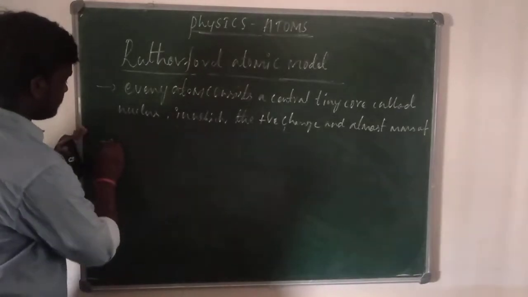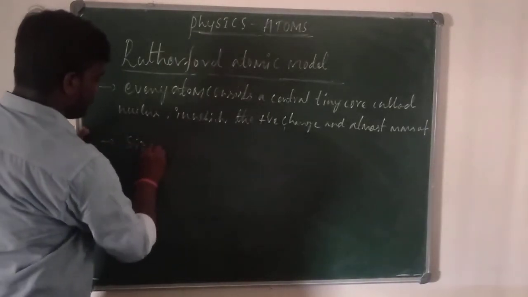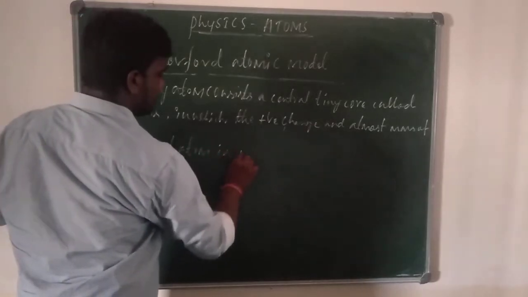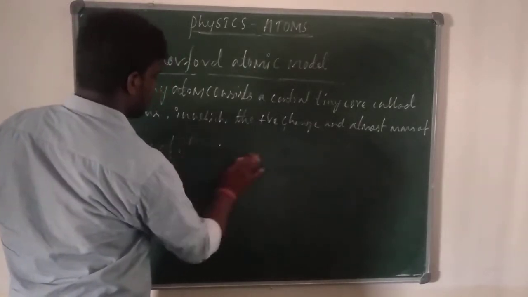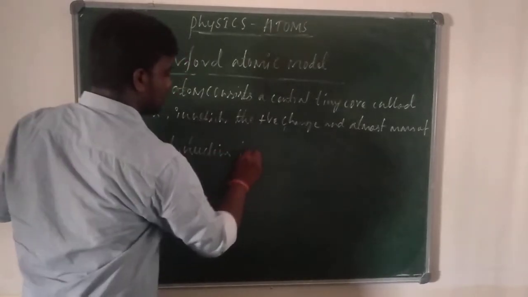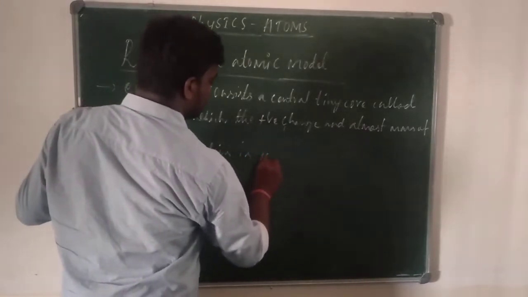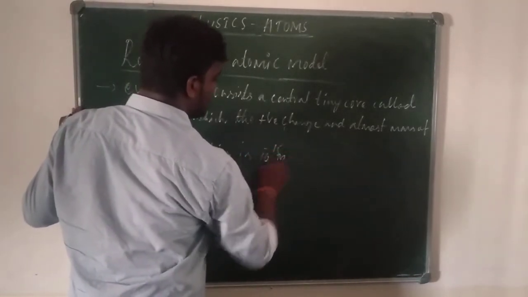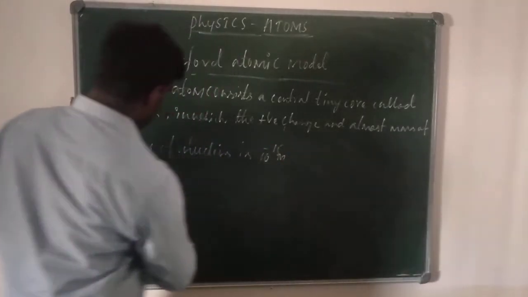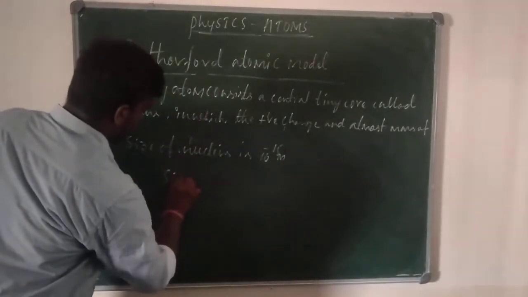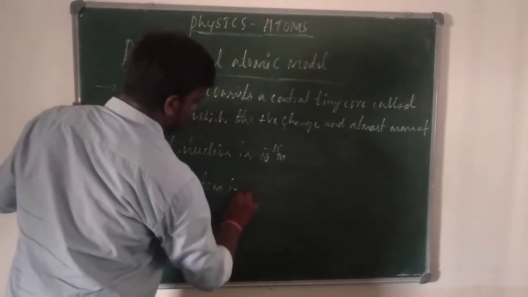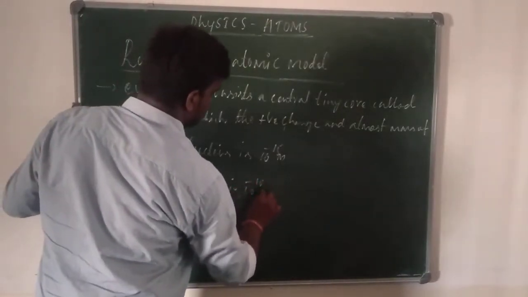Next postulate, the size of the nucleus is of the order of 10 to the power of minus 15 meters, and the size of the atom is 10 to the power of minus 10 meters.